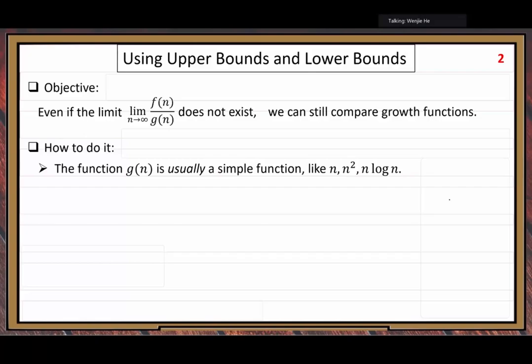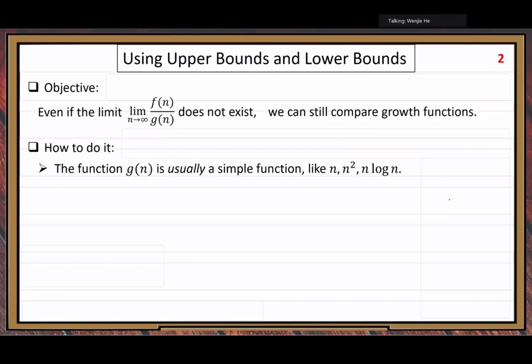So power functions and log functions are commonly used as the g function. Simple, but it can tell us information about the order of growth.